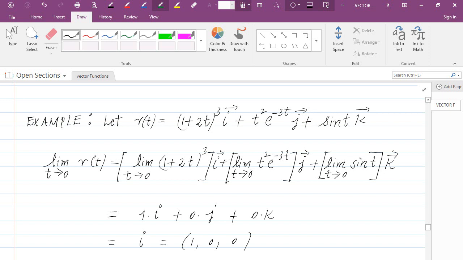Okay. Now of course the limit of the first component is obviously 1 as t goes to 0.